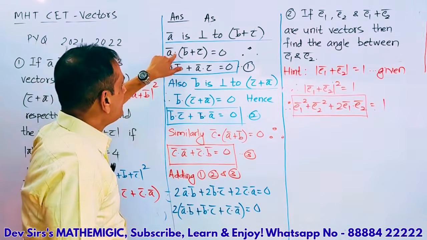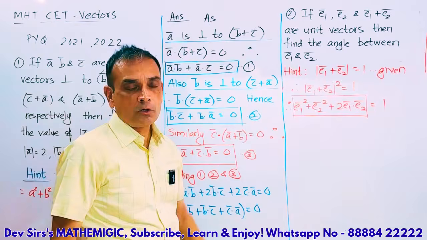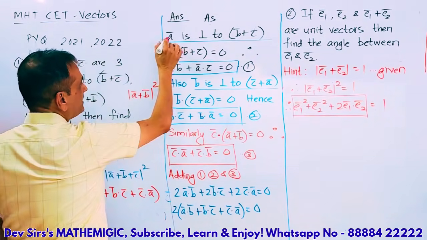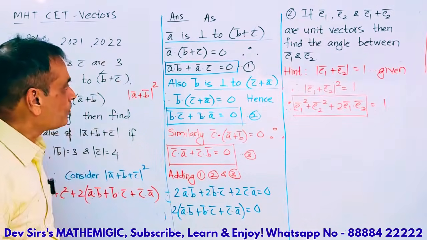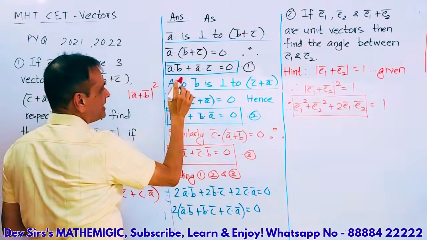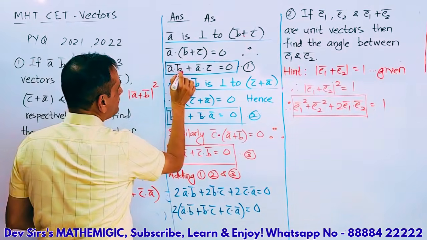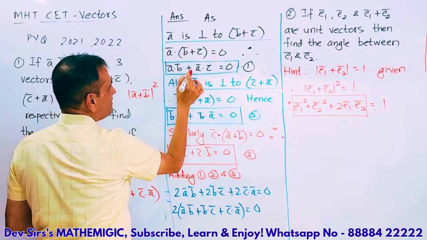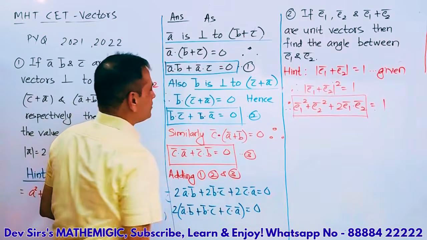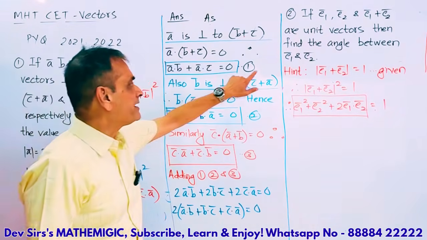That is A dot B plus C equal to 0. Why? Because this vector is perpendicular to this vector. Their dot product is 0. Now once you get this equation, brackets open up karo. A dot B plus A dot C equal to 0. Simple hai. A dot B plus A dot C equal to 0. Clear? This becomes our equation 1.